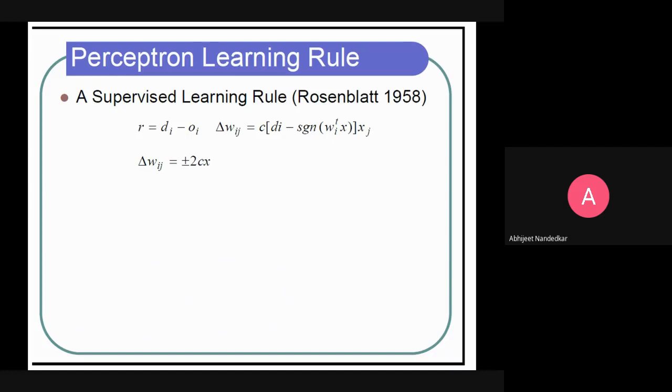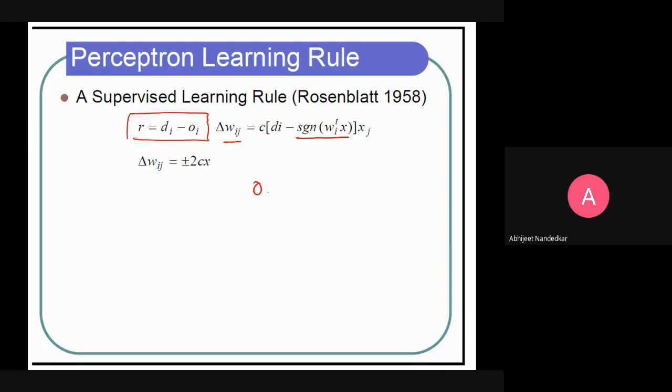So the rule is D minus O, or Di minus Oi, for the change in weight. What is O now in this case? It is a sign function that we have seen earlier.